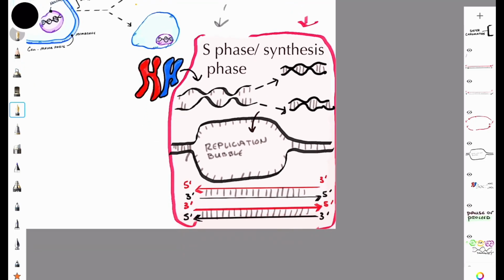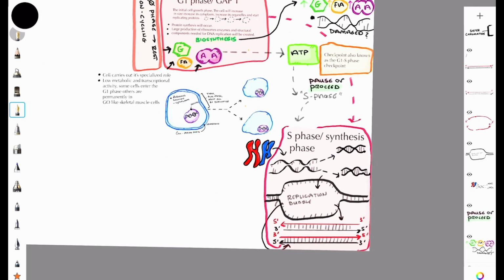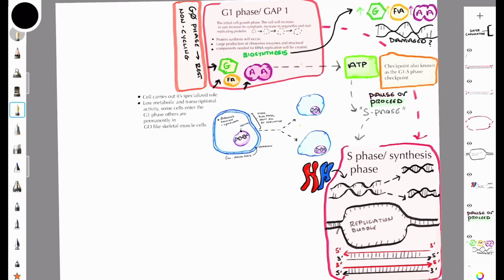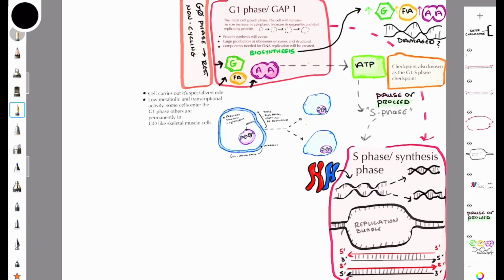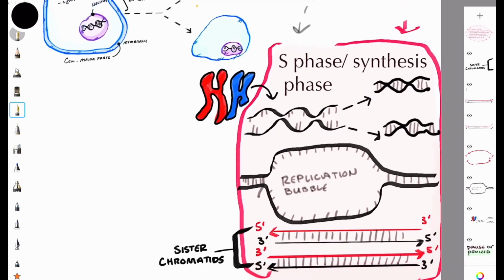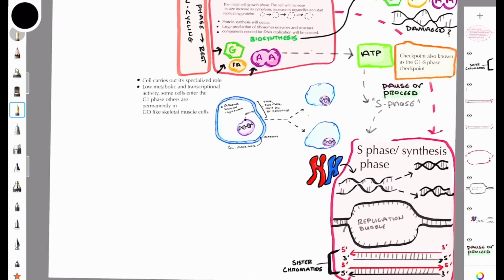And then that will be replicated to give to the daughter cells. They will each have their own strand of DNA. And that is why we have to have that checkpoint here. Because if anything is damaged previously, we will give that to the daughter cells and we will not have proper function of those daughter cells. Okay? So we can call this sister chromatids. Okay? And that just means that that genetic information is going to the sister cells.